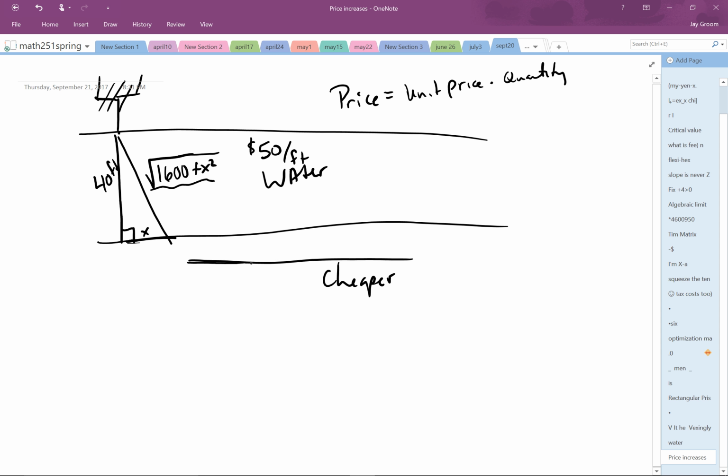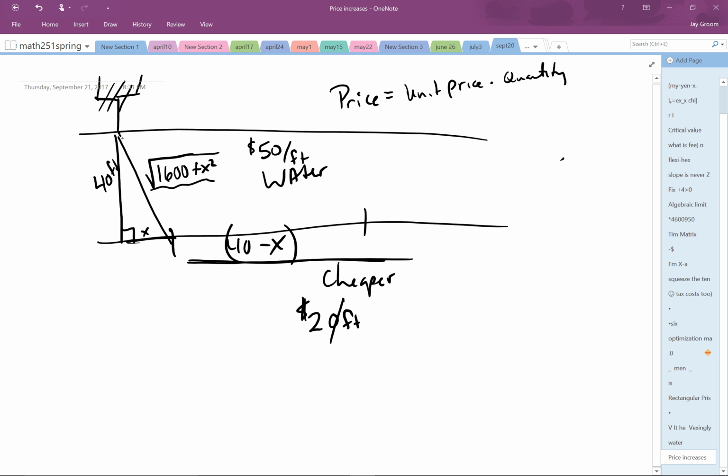But on the side down here, you maybe want to run again 40 minus x or whatever we did a minute ago. This would be the amount of foot we would use, and on land it might only be $20 a foot. And the idea being is, wow, that is like 2.5 times cheaper.